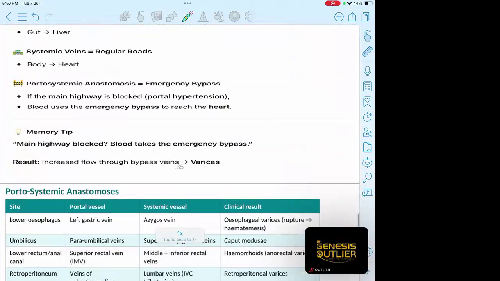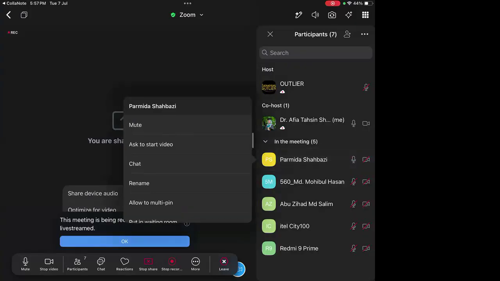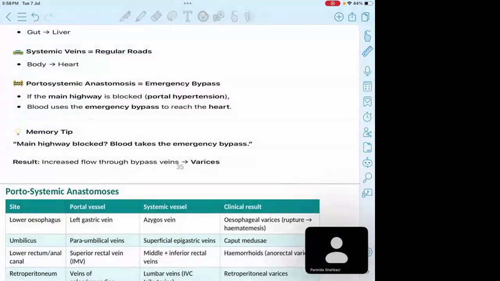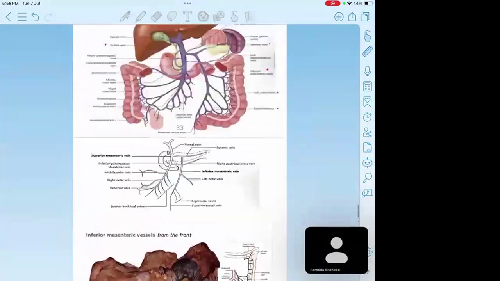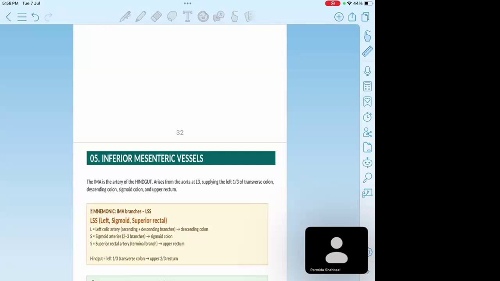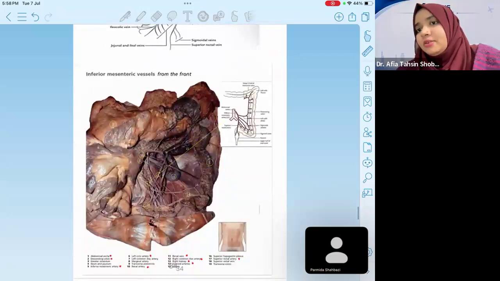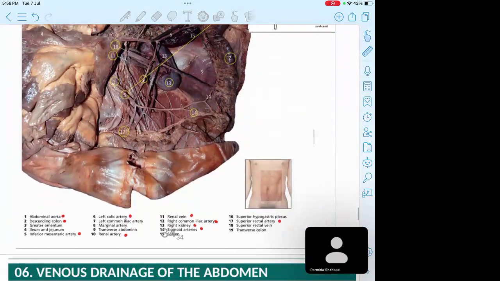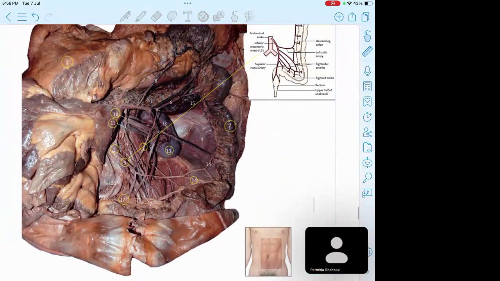Please let me know. Yes, Dr. Shabnam, thank you so much for your explanation. In the anatomical pictures of the inferior mesenteric artery and superior mesenteric artery, you told that this is the right kidney, however the inferior mesenteric vein is on the left side, and I have a problem distinguishing whether it is the right side or left side for the superior mesenteric artery and inferior mesenteric artery.